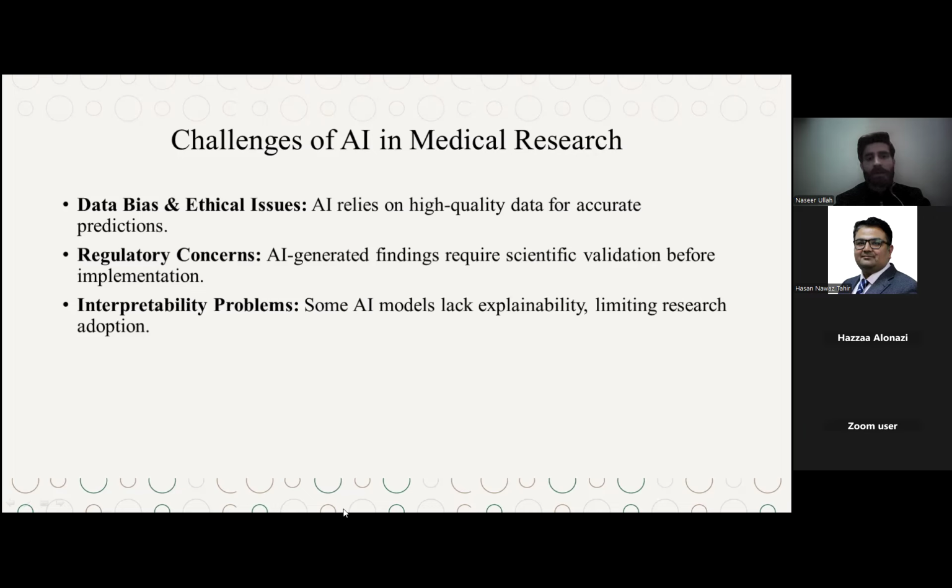Artificial intelligence relies on high quality data for accurate predictions. Regulatory concerns: artificial intelligence generated findings require scientific validation before implementation. Interpretability problems: some artificial intelligence models lack explainability, limiting adoption.